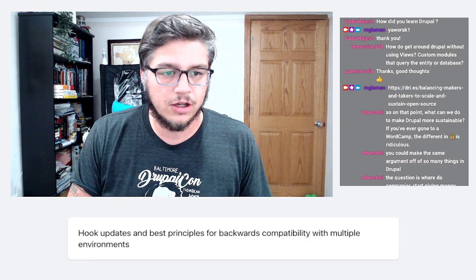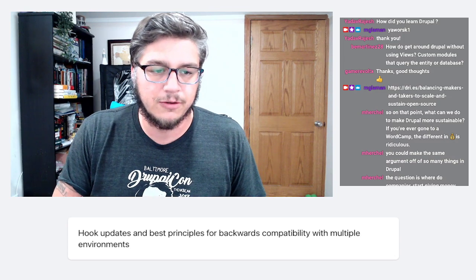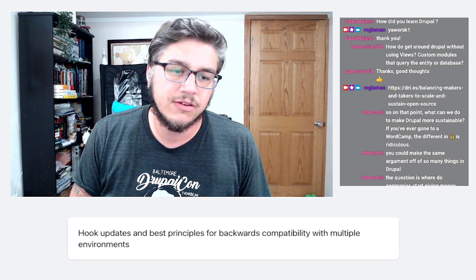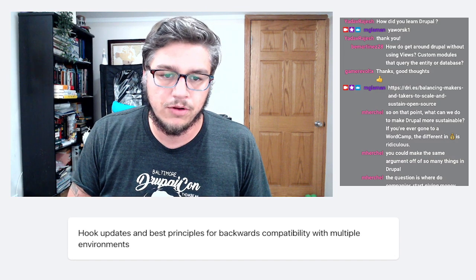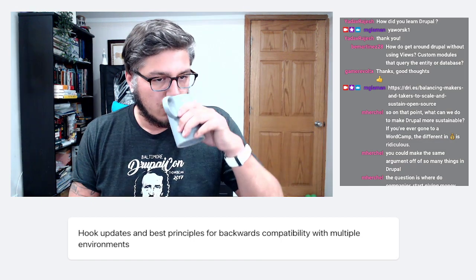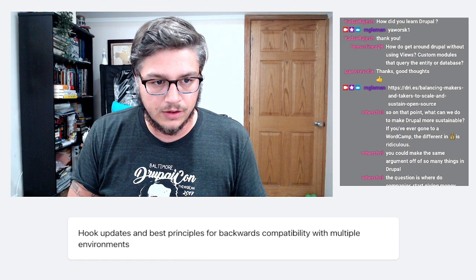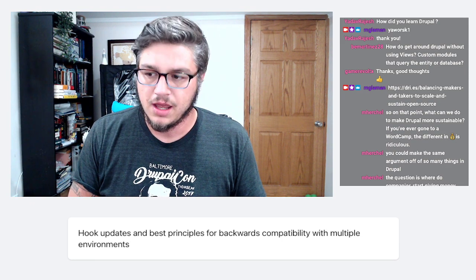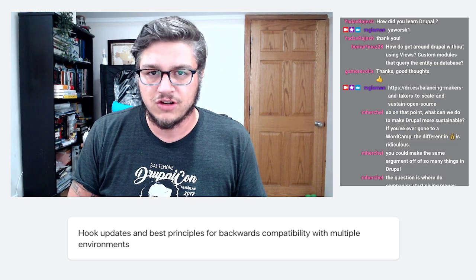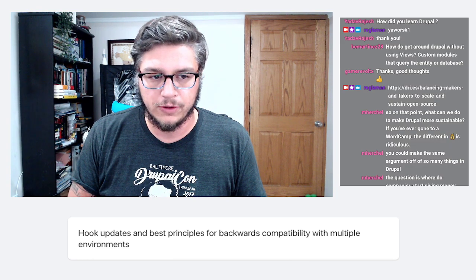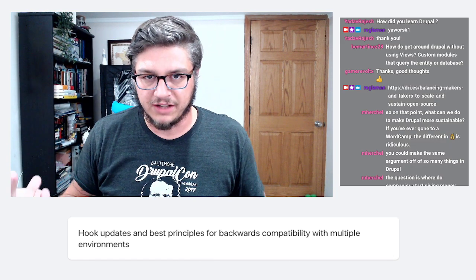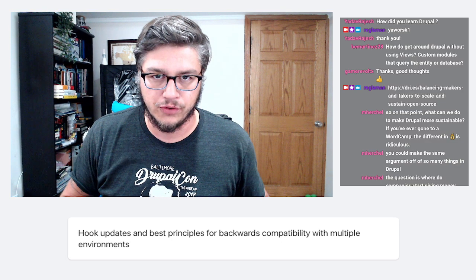Hook updates and best principles for backwards compatibility with multiple environments. This is a Drupal deployment question. So I honestly don't have a good suggestion for rolling back a bad Drupal deployment, besides have a backup ready or try to do a blue-green deployment.